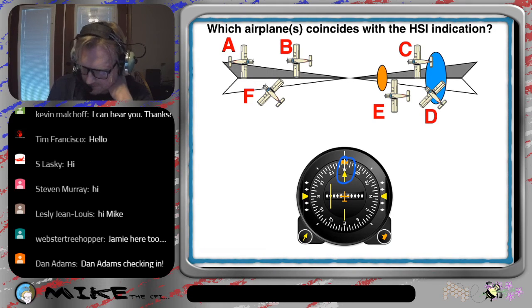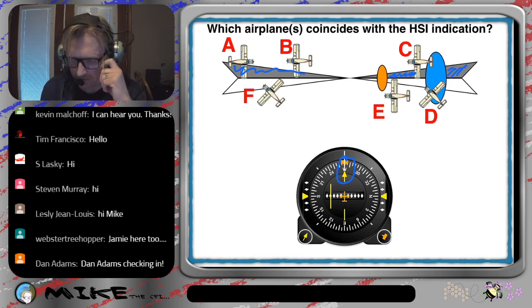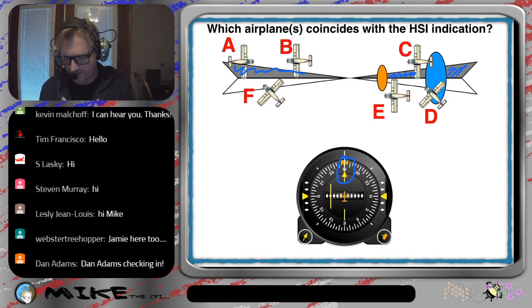The front course always has the shading on the right-hand side. Back courses always have the shading on the left. Also, they usually will depict the outer and middle marker, and that would indicate that they're displaying the front course indication.